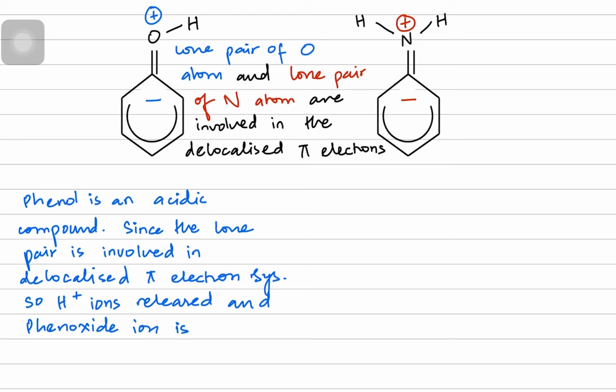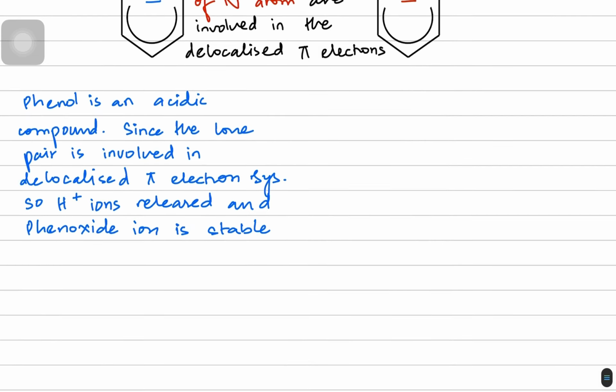Another reason is that once the H ions are donated, the phenoxide ion is stabilized, because obviously the negative ion of the phenoxide is a pretty stable ion because the negative charge is spread on the entire benzene ring.